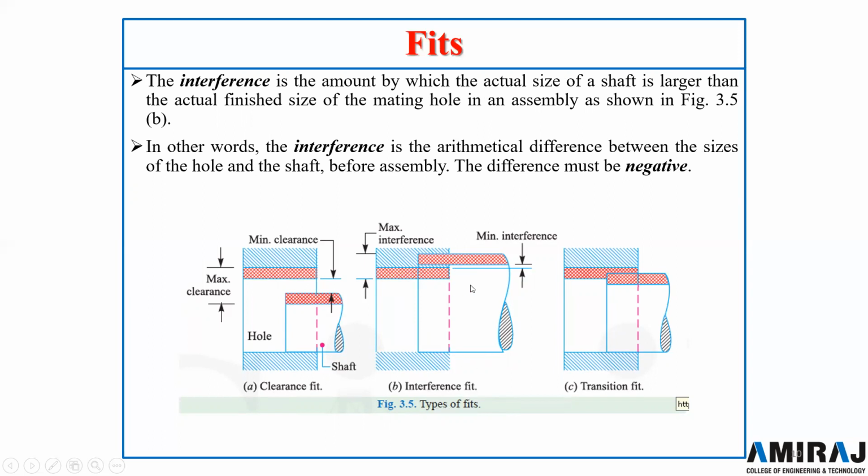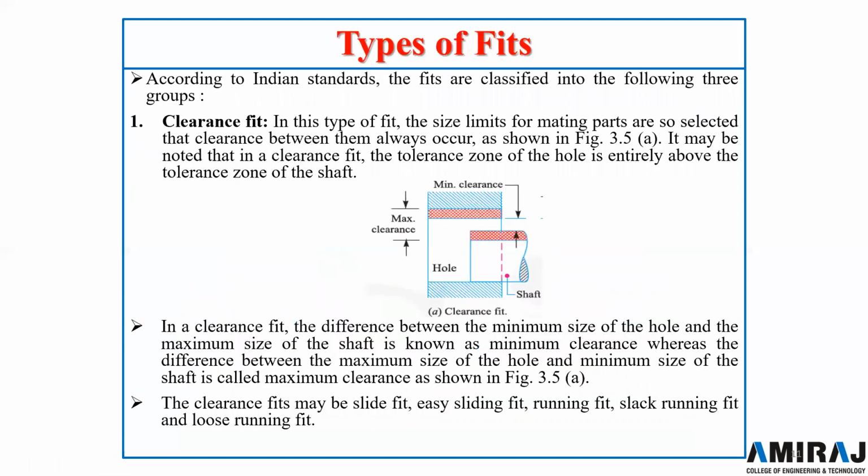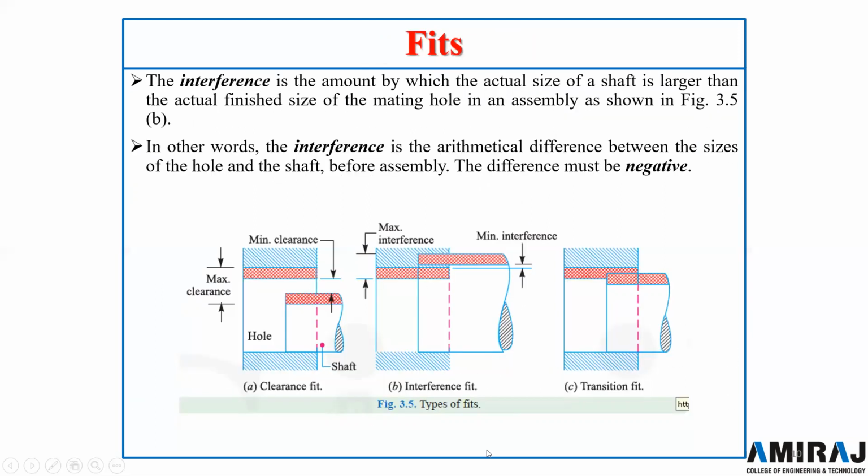Now let us see another type of fit, that is the transition fit. What is transition fit? Transition fit is the fit in which we get perfect fitting of the part, or tight fitting of the component.